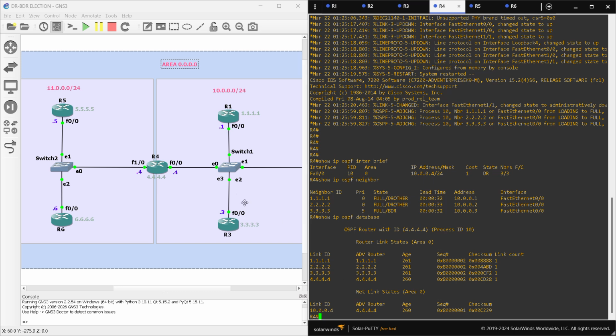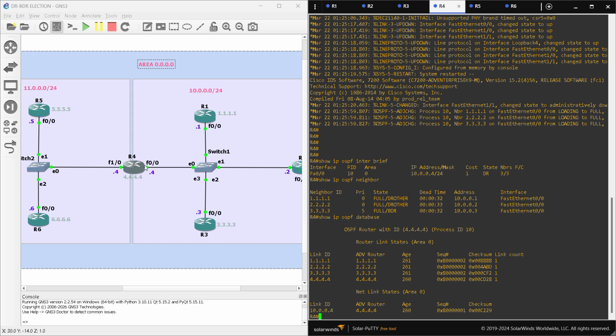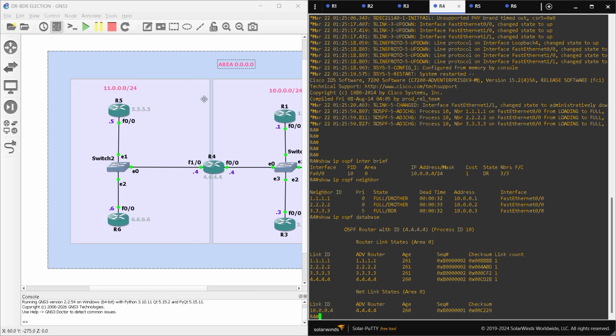Let's suppose R4 is acting as DR, so one will be generated for network 10.0.0.0, and the second one, when we configure OSPF here, R6 will become DR due to the highest router ID.